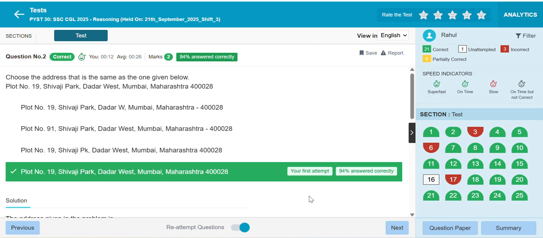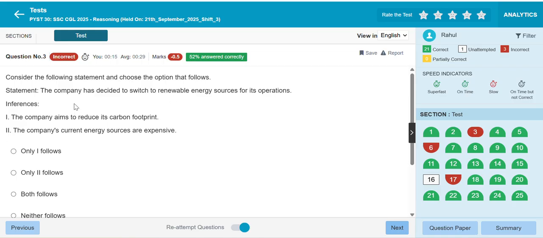Next, this one I had a doubt in, since it's a 15 minute examination, all we have to do is rush. The statement here is the company has decided to switch to renewable energy sources for its operation, shifting to renewable energy for their day-to-day operation.